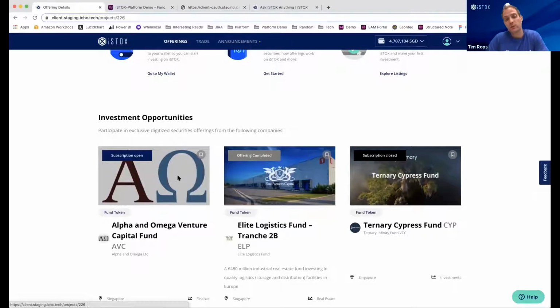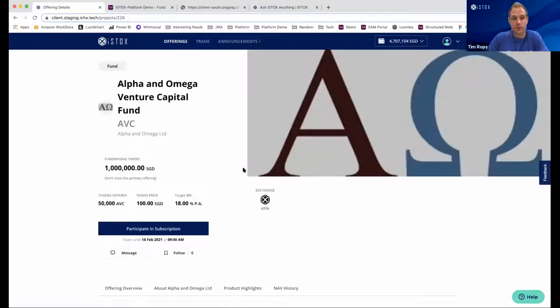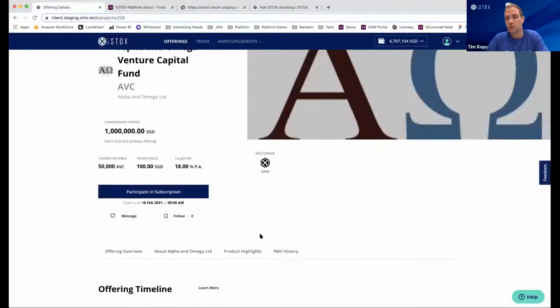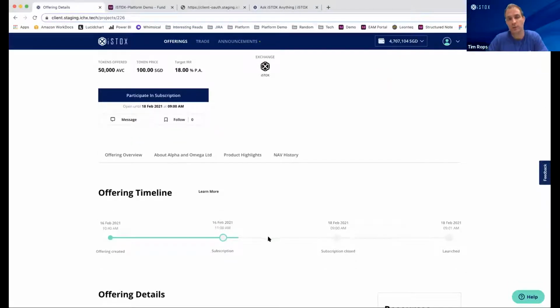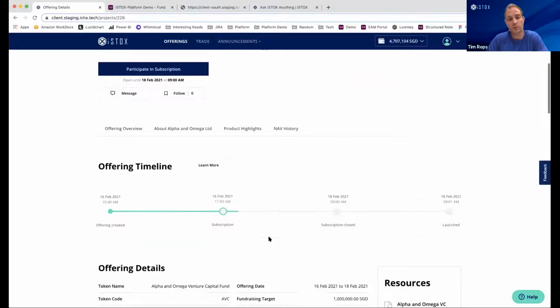So based on what the product type is, and in this case, for example, it's a fund, we will require the issuer to list certain information. And this information is here for you as an investor to make an educated investment decision.